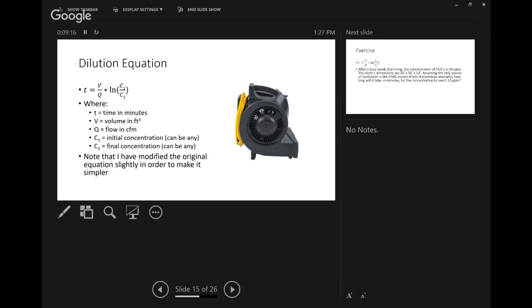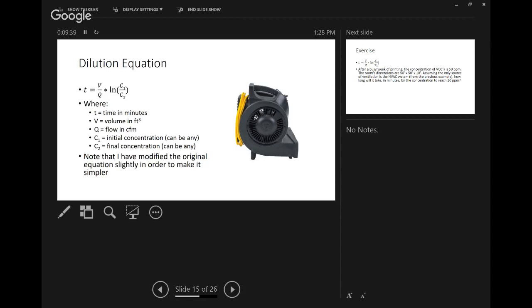I modified it slightly to make it simpler. It usually has a negative sign, and these two values are flipped. But with the way logs work, if you flip them, then it's the same number, just positive. So you can remove the negative sign. I don't know if that was a good thing or a bad thing to do, but it makes it slightly simpler.